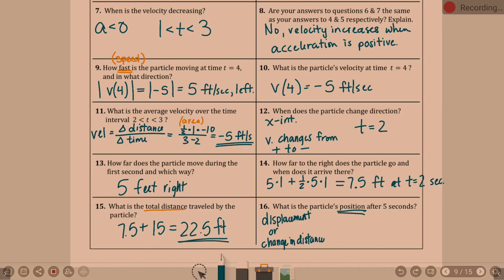So this is the fact that we went 7.5 right minus 15 left, which is minus 7.5, which interprets to, when it says position, 7.5 feet to the left.